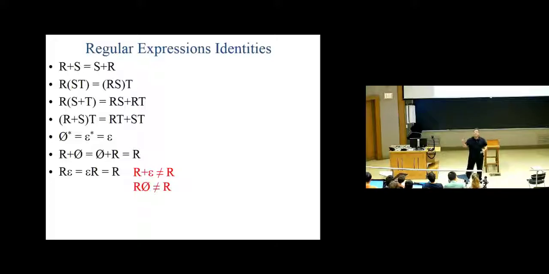So take the empty set, union that with anything, you get that thing back. And the empty string is the identity element with respect to concatenation. Just like 1 is the identity element with respect to multiplication, and 0 is the identity element with respect to addition, and every other operation has an identity element too. Right? For matrix multiplication, the identity element is a big matrix with 1 down the diagonal and zeros everywhere else.